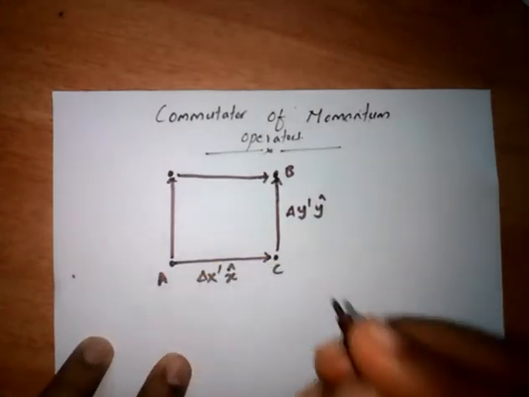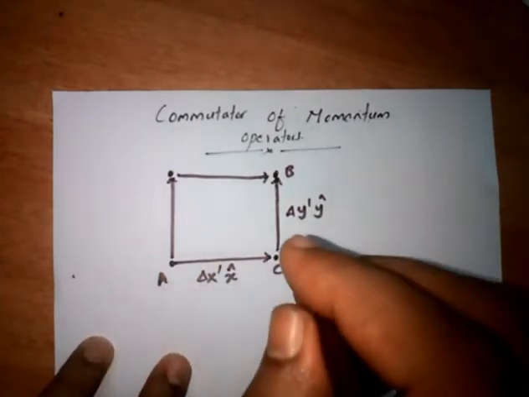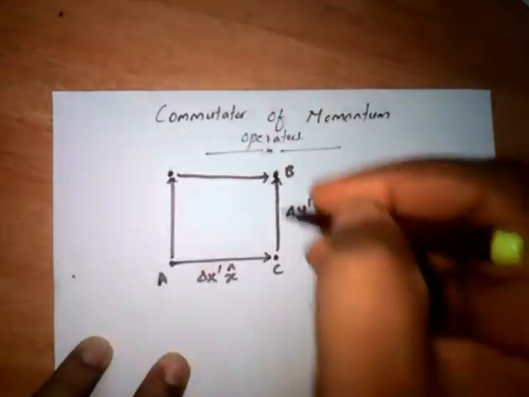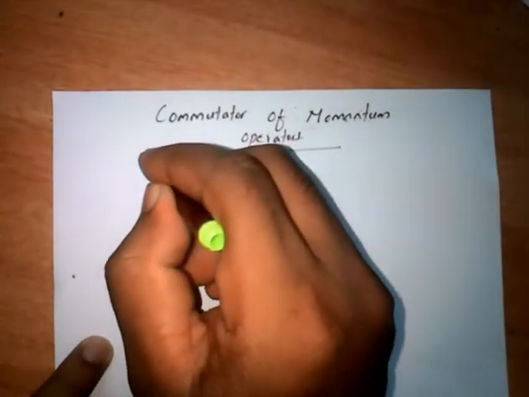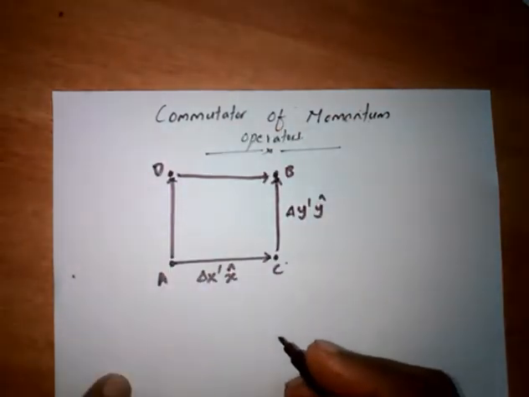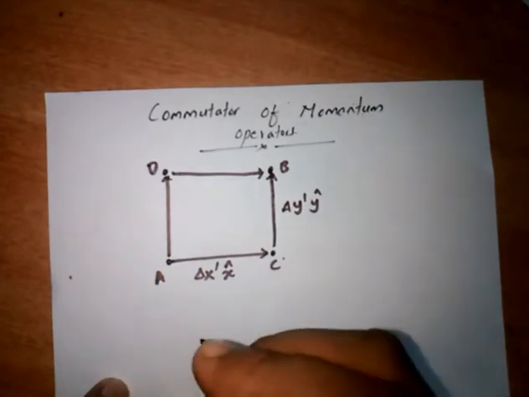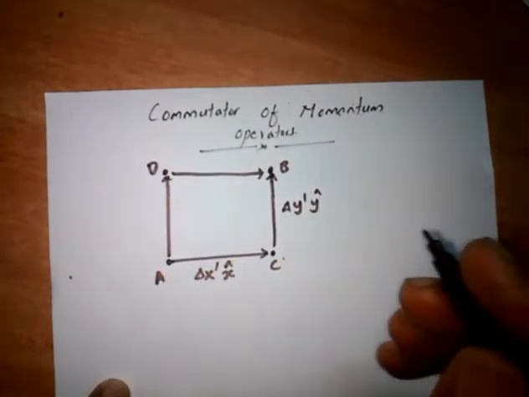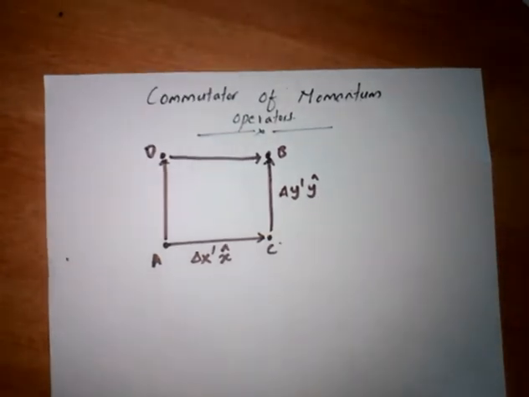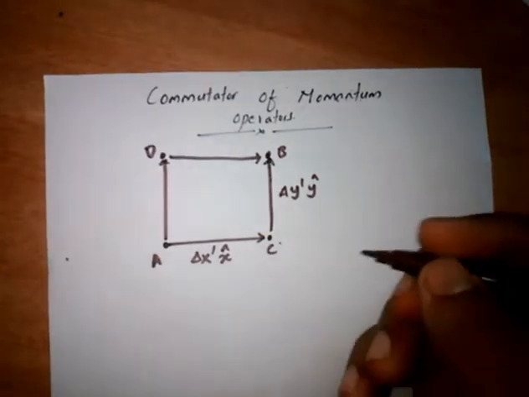In shifting from A to B, it does not matter whether we go through the point C or through the point D. That is, it does not matter which operation we do first, whether delta x dash x cap or delta y dash y cap. We can discuss it mathematically.